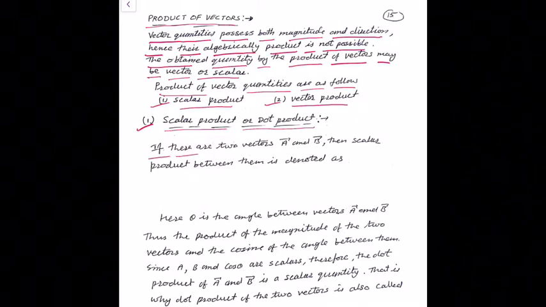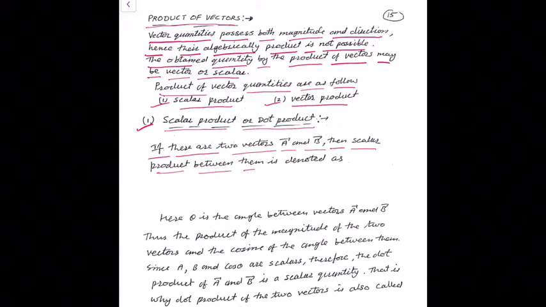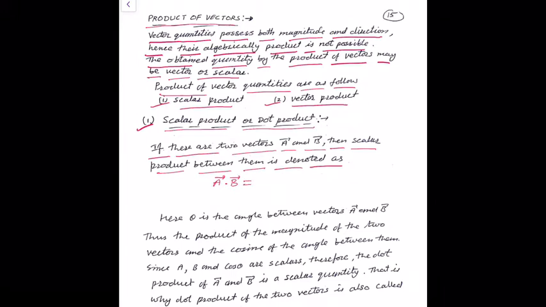If there are two vectors, A vector and B vector, then the scalar product between them is denoted as A vector dot B vector, which is equal to magnitude of A vector, magnitude of B vector, cos theta.